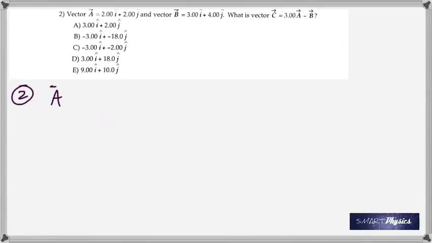Vector A is 2i plus 2j, and vector B is 3i plus 4j.